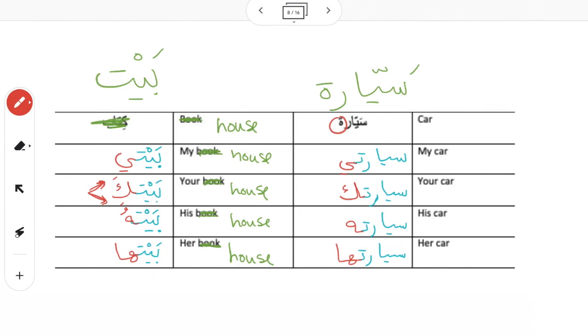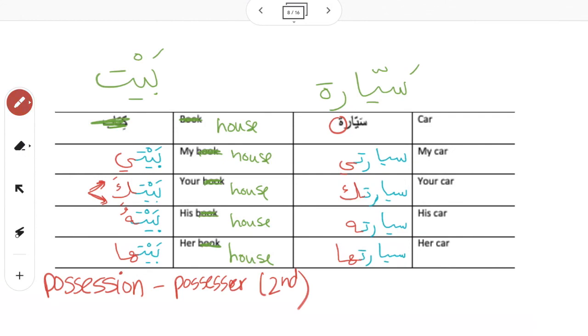Okay. Now this right here, these are examples of possession. When you're telling me whose thing this is. Okay? And notice when it's possession, the possessor or the person whose thing it is comes second. Right?